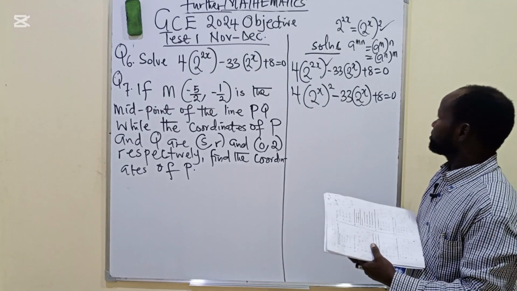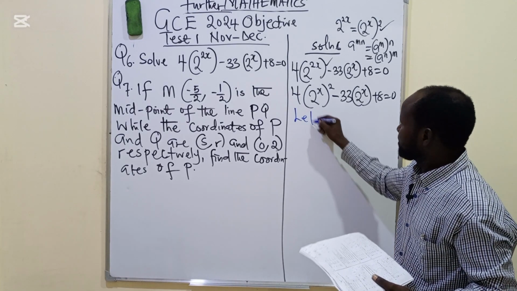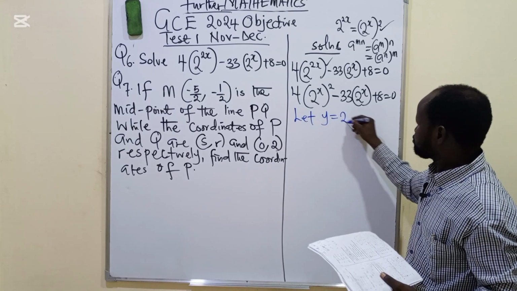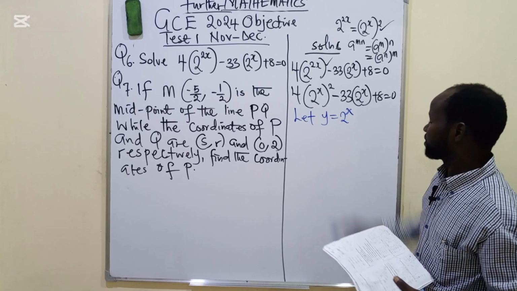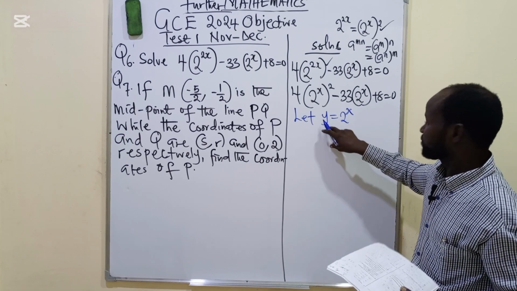Very important. At this point, we have 2^x here. We can easily say let y equal 2^x. It means anywhere we see 2^x here, we'll replace it with y.